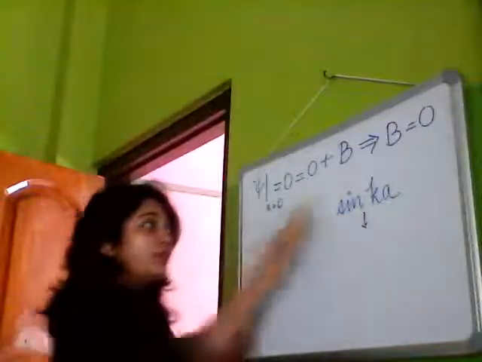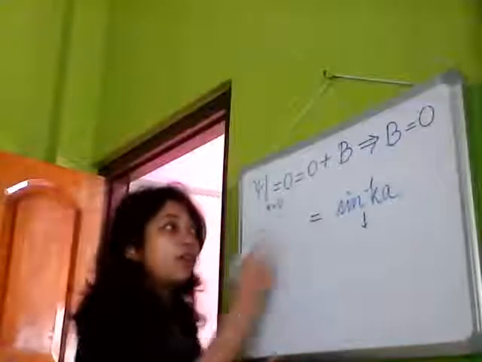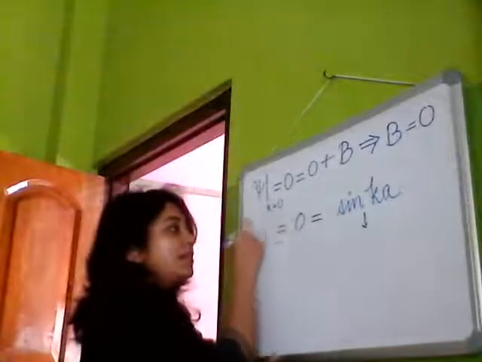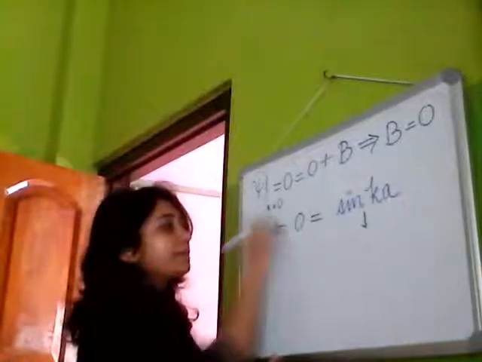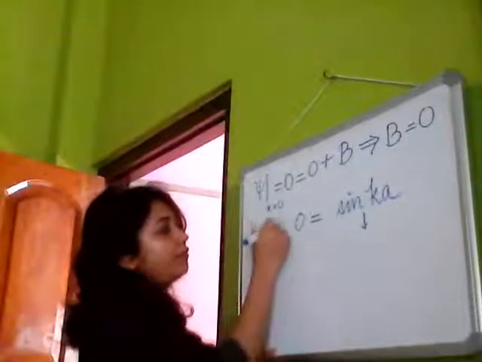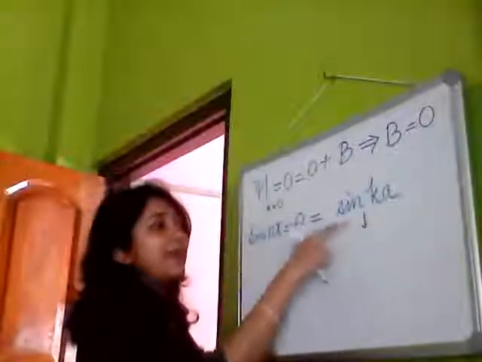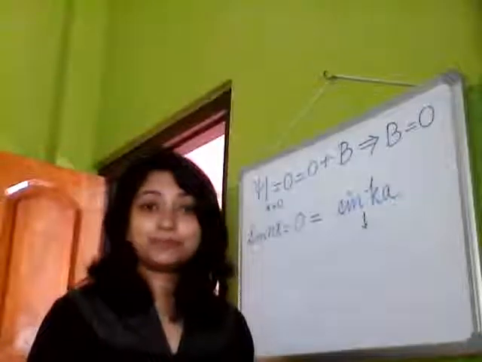Now reminding all of you, when do we have sine is equal to 0? For what values of sine do we have 0? Remember, they are for sine n pi, isn't it? For all the values of n pi, sine n pi, we can have the value equated to 0. Right?